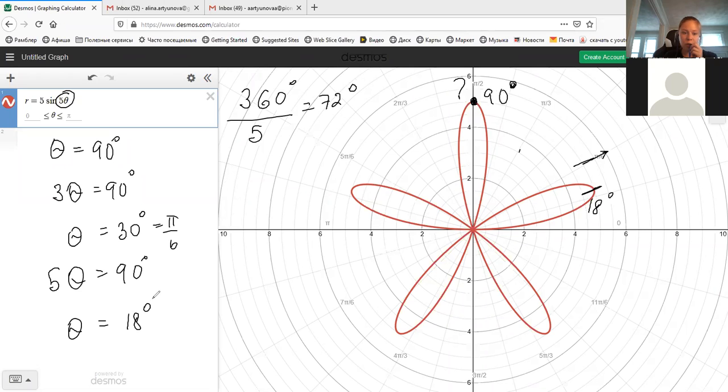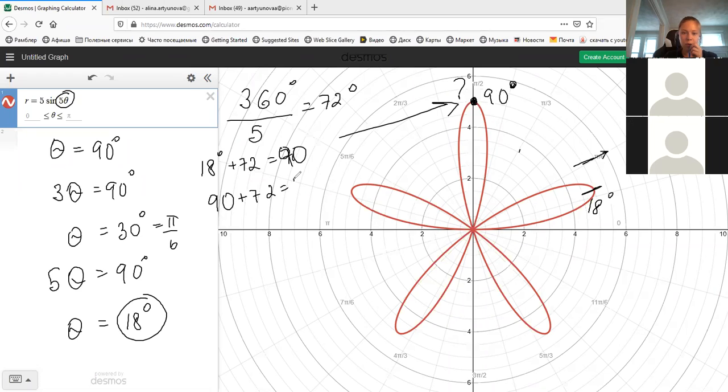I know the first one started at 18. The second one will be 18 plus 72 equals 90. There you go. Then the next one will be 90 plus 72, 162. Next one will be 162 plus 72. I can't do this mentally.